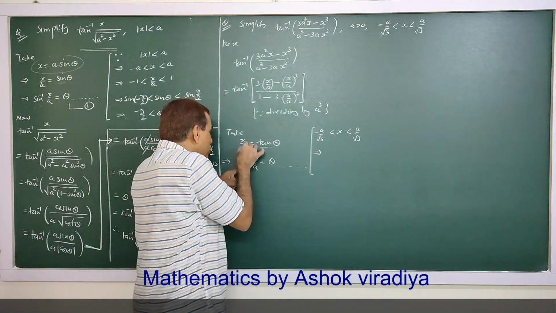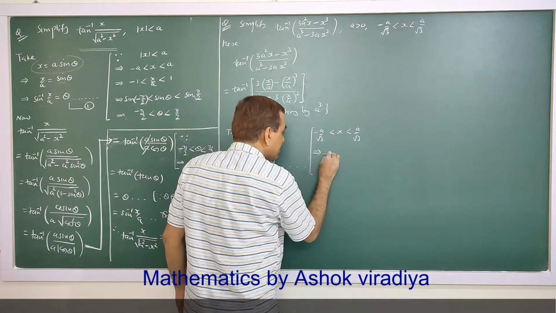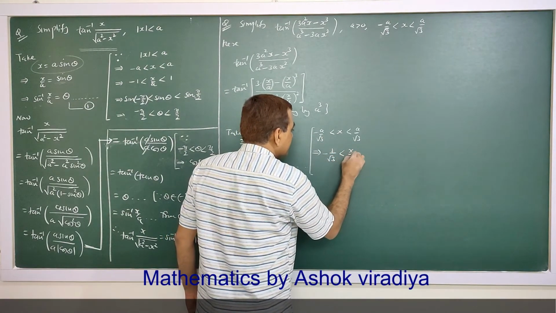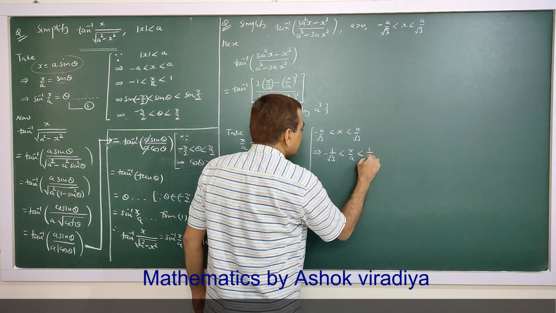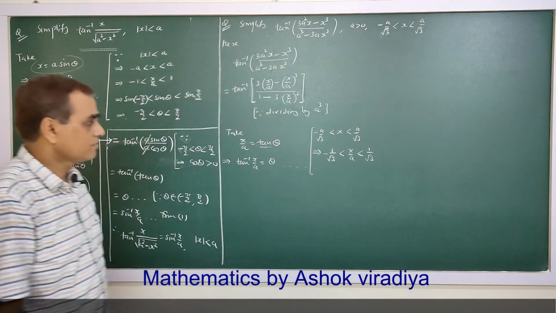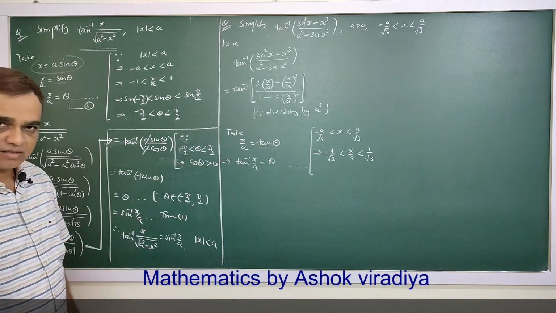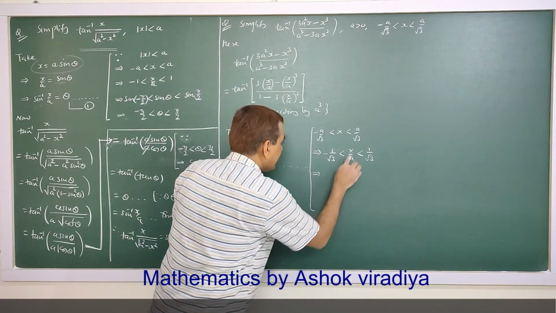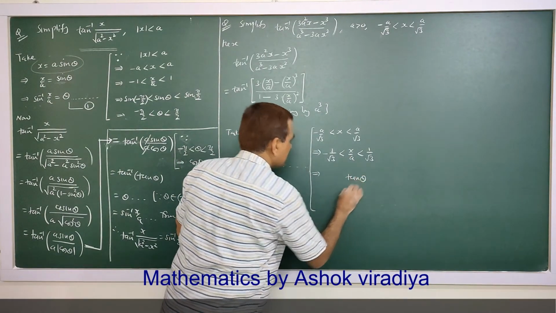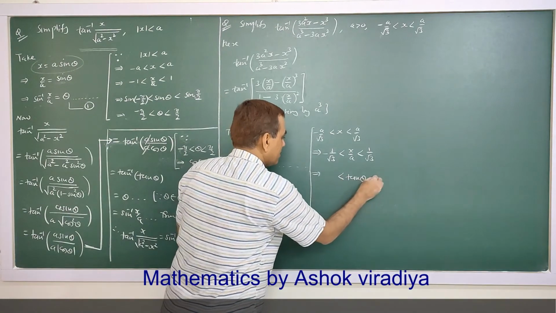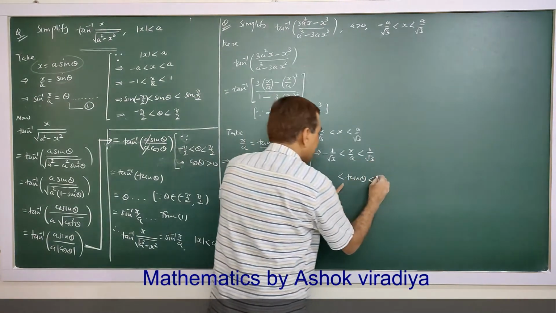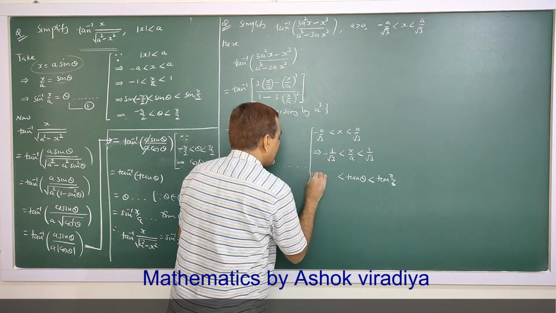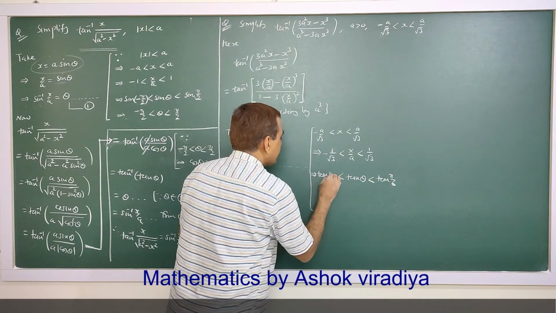Now we want to know about x by a. So dividing by a, which is positive, the sign of inequality remains unchanged. Now x by a, I am putting here tan theta. So I am putting here tan pi by 6 and here tan of minus pi by 6.